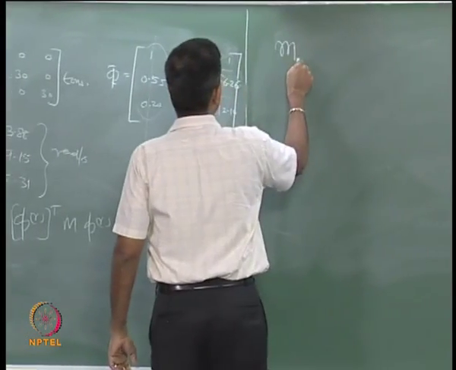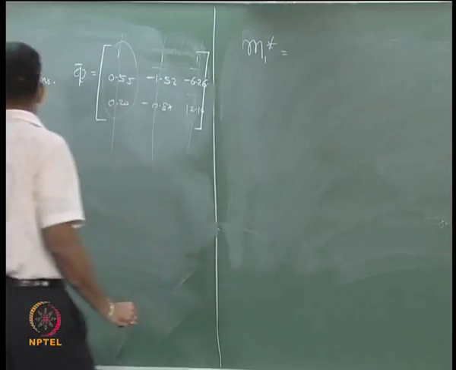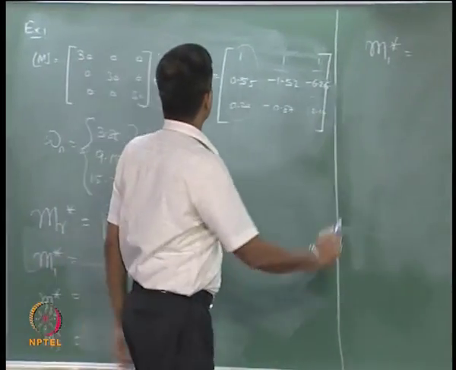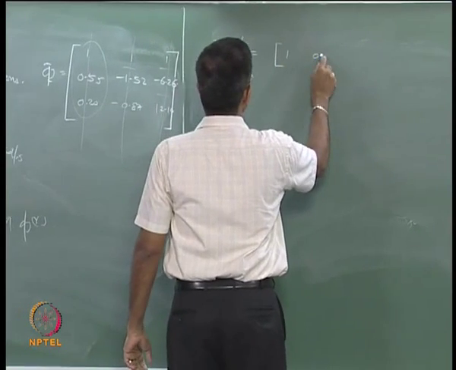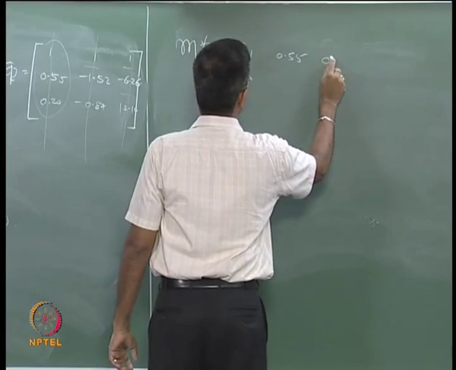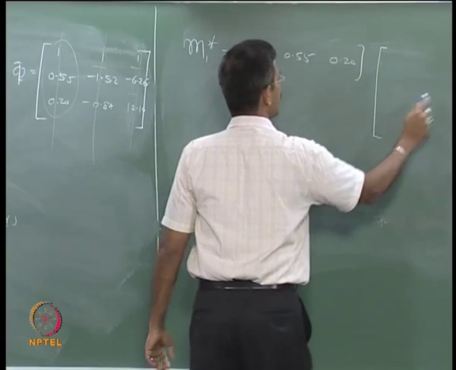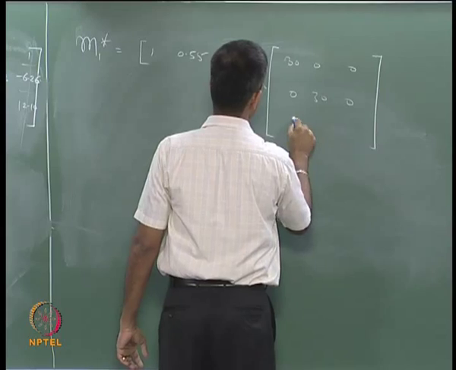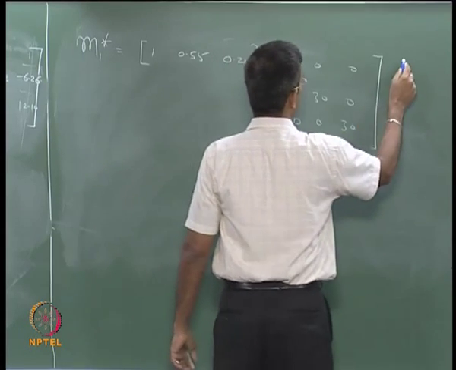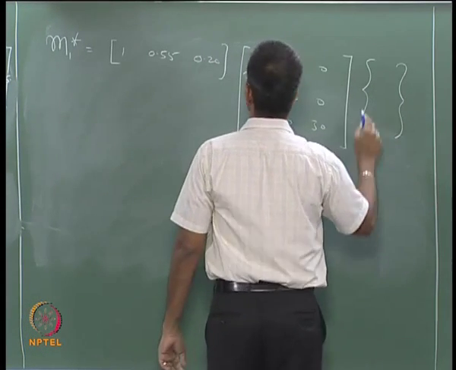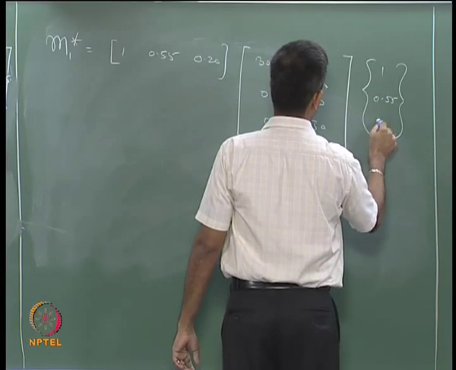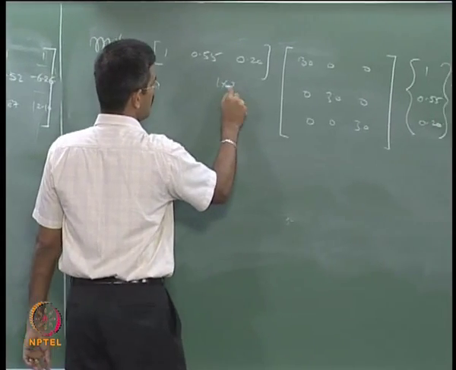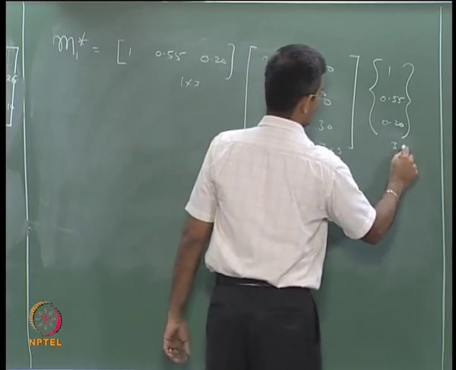If you want to find m1 star, I must use phi 1, the first column, and use its transpose. So 1.55 and 0.2 multiplied by the mass matrix, which is 30 0 0, 0 30 0, 0 0 30, and multiplied by the vector 1.5 and 0.2. You can see the compatibility: this is 1 by 3, this is 3 by 3, this is 3 by 1.